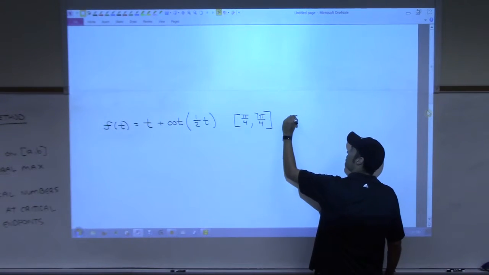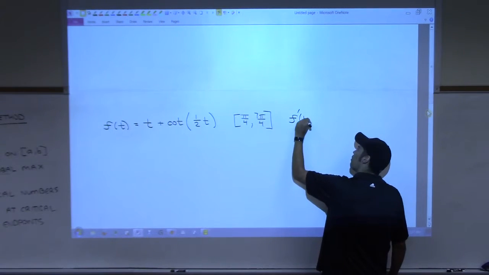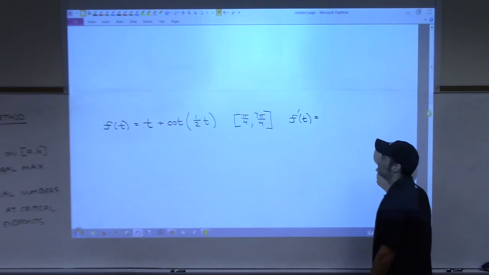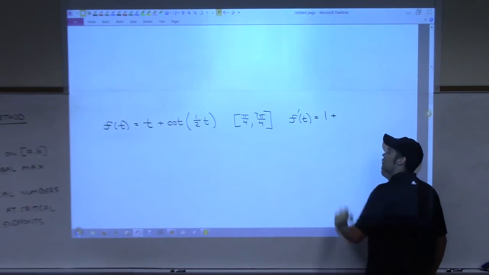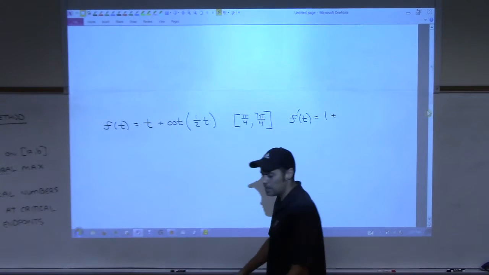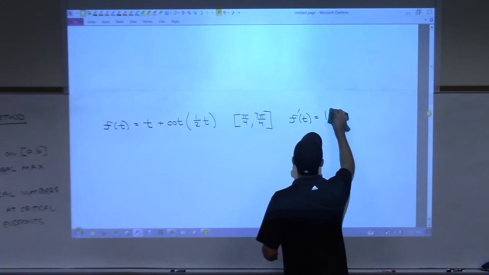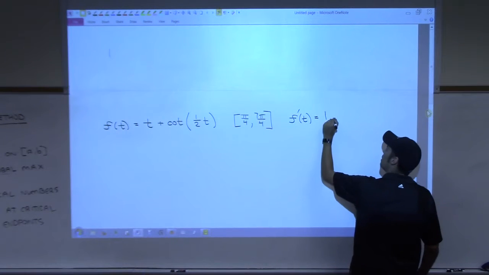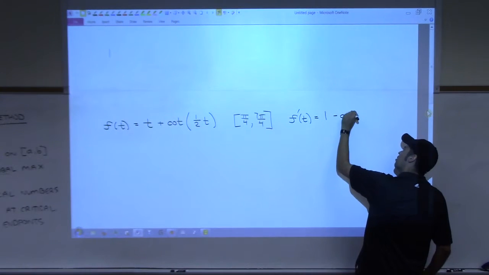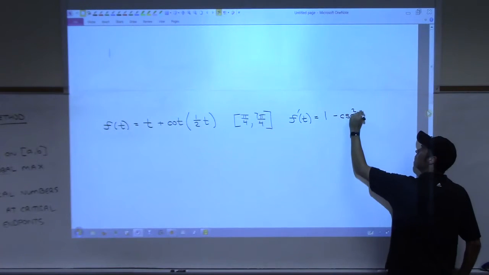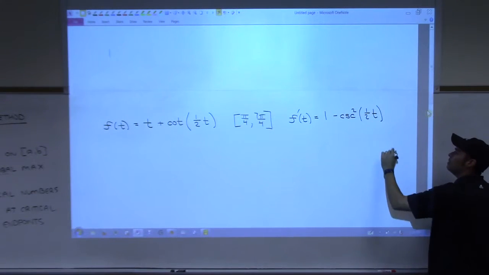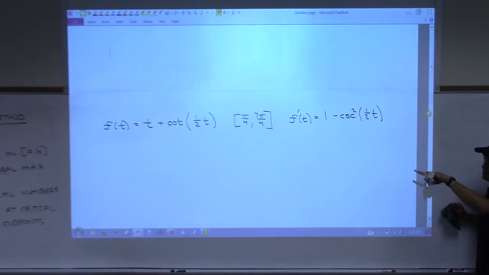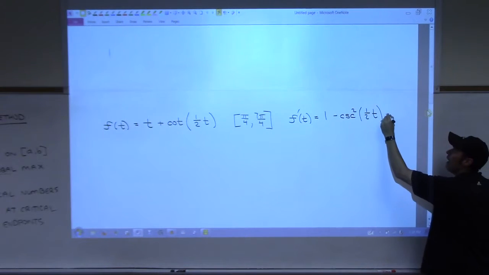All right, so let's start with this derivative. The derivative of this function, f prime of t, is 1. That's good. 1 plus, is it plus? It's going to be minus, right? Because the derivative of cotangent of something is negative cosecant squared of the something, times the derivative of what's inside of that, which would be 1/2.